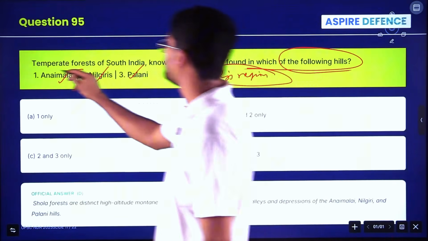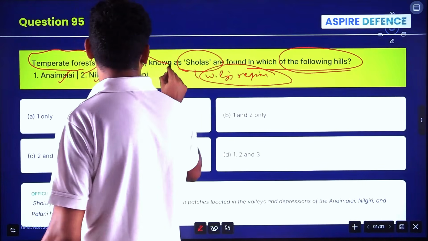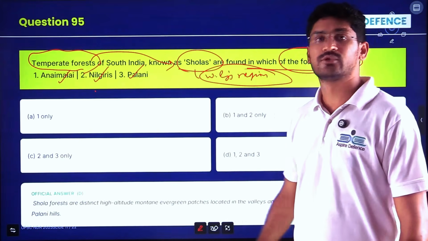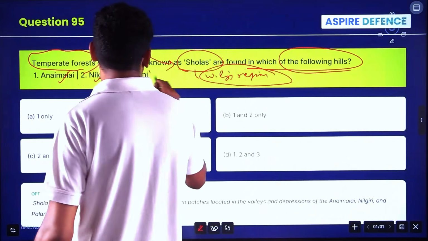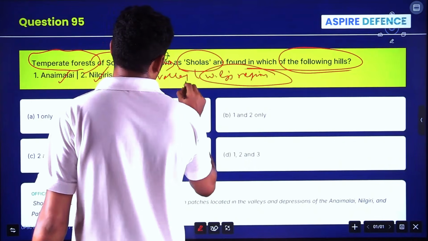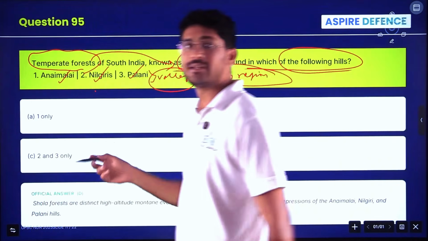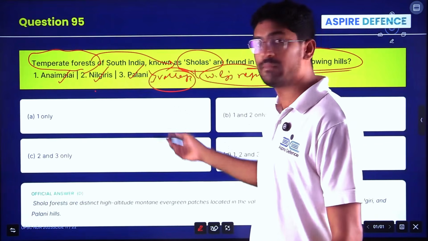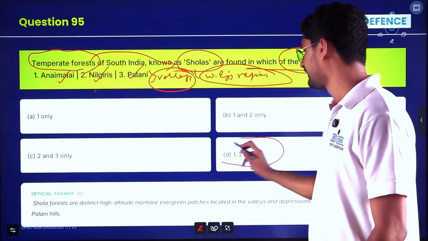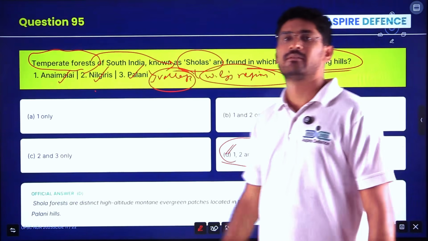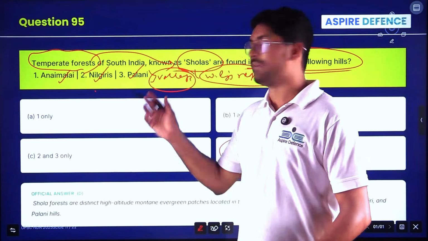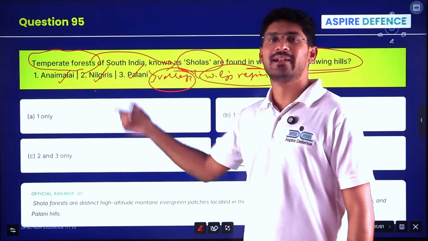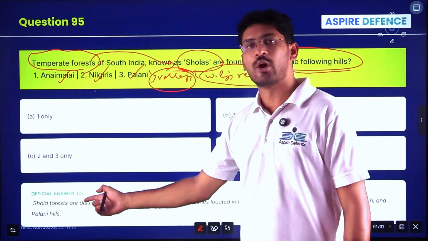These temperate forests called sholas are found after the evergreen forest, in the valleys of all these hills: Annamalai, Nilgiris, Palani. So the answer will be all of the above, option D. Again, the questions are linked with the topic of Indian forests and hills.